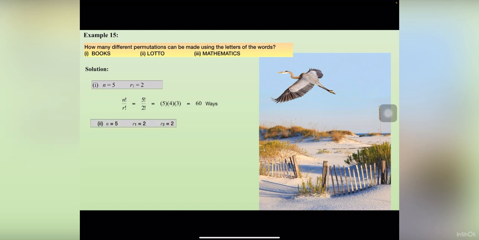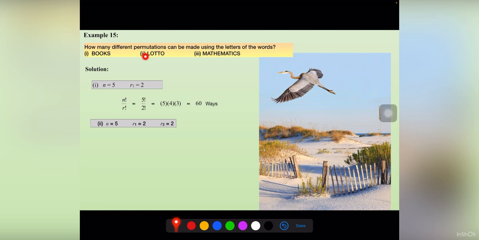For Lotto, the number of objects here is 5. We have identical objects O, O, so R1 equals 2, and T, T, the other identical objects, so R2 equals 2.